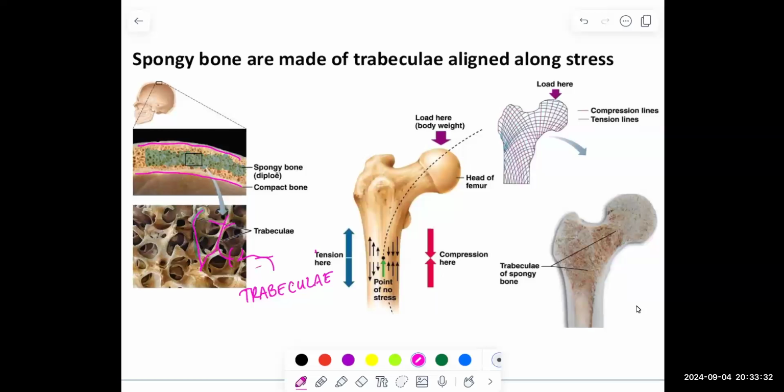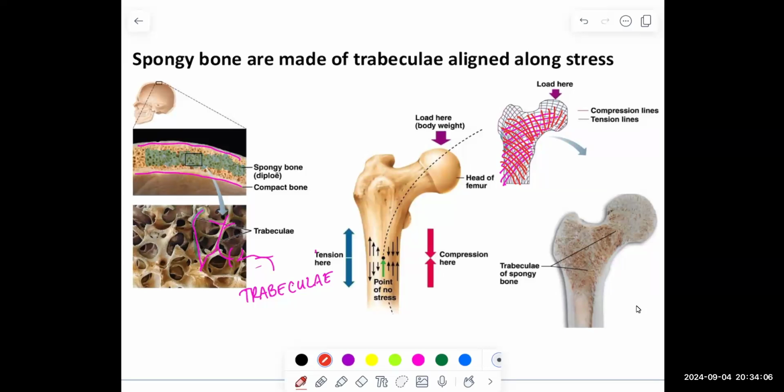And what is really fascinating when you look at the biophysical model of these is how the trabeculae are arranged: they are arranged to withstand compression and tension. So the arrangement of the trabeculae is crucial in being able to support the mass of an individual.